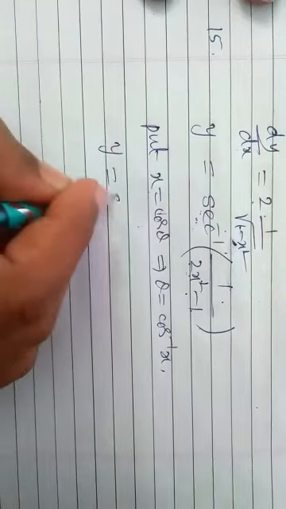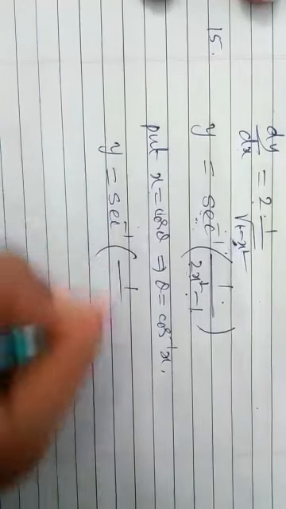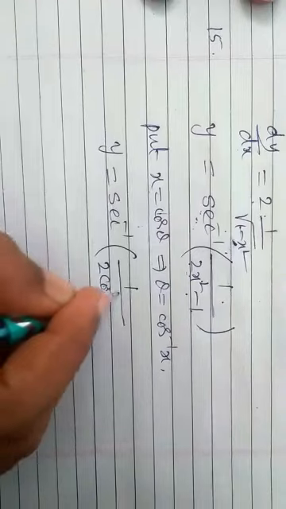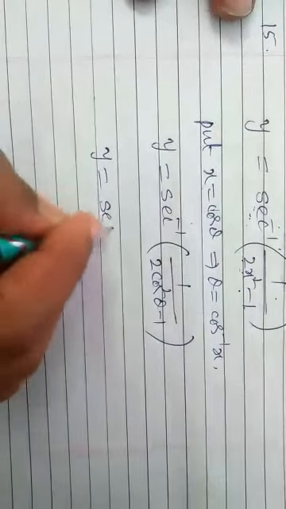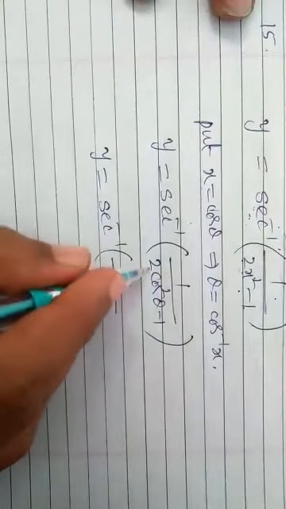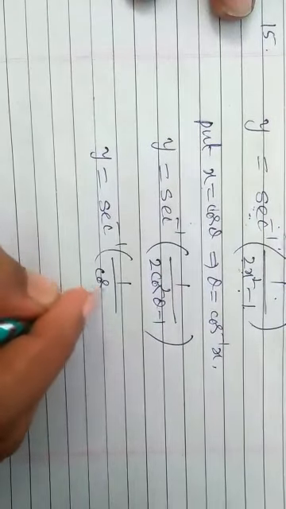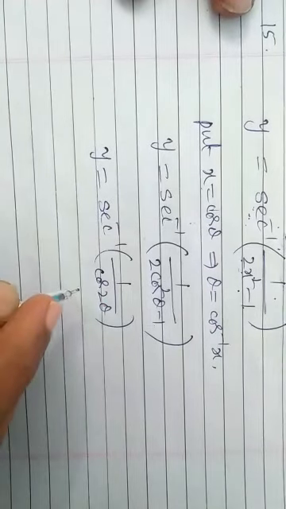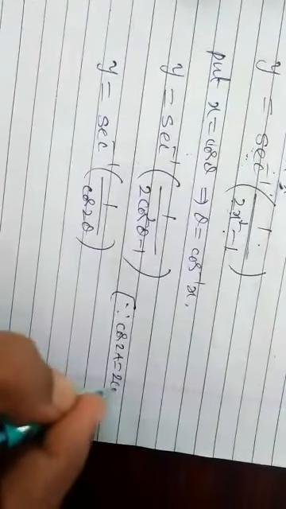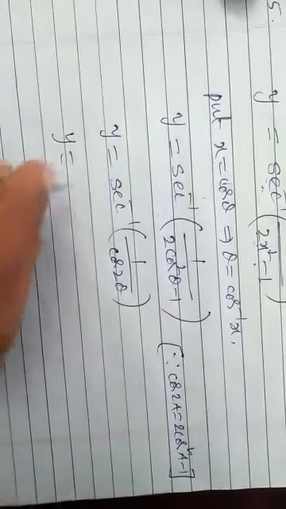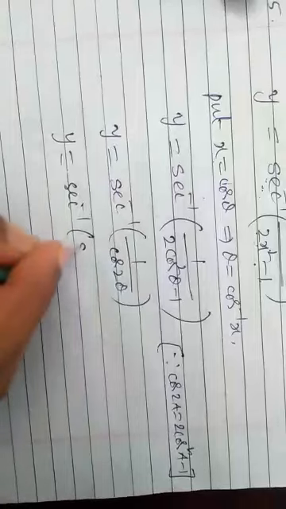So y is equal to secant inverse of 1 by 2 cos square theta minus 1, which is the cos 2 theta formula, because cos 2a is equal to 2 cos square a minus 1. So y is equal to secant inverse of secant 2 theta, since 1 by cos means secant 2 theta.